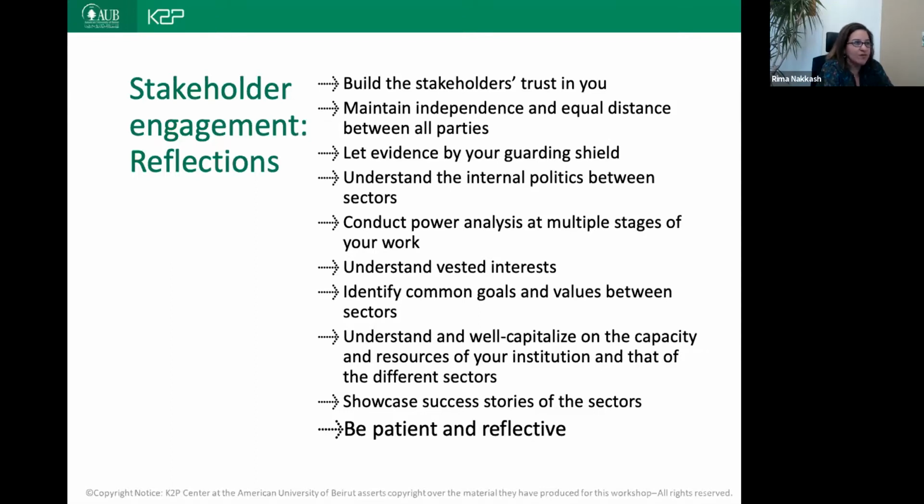But most importantly, these processes require a lot of patience and the need for partners to be reflective, understand setbacks, and realign the strategies based on a revised power analysis in an iterative process. Next.